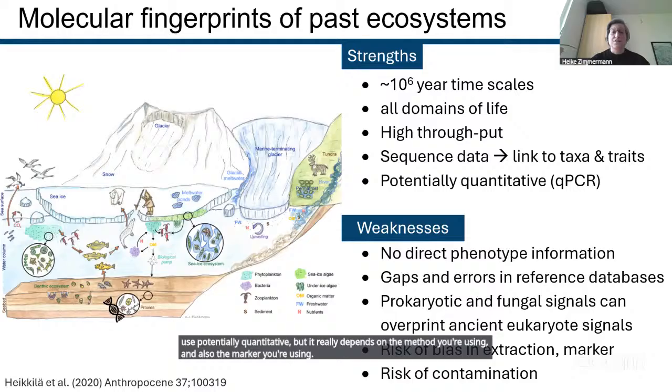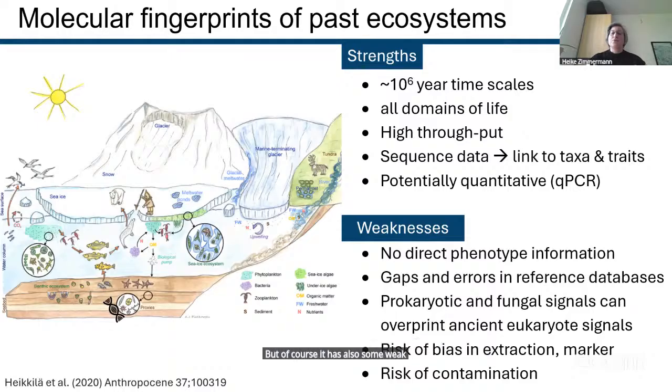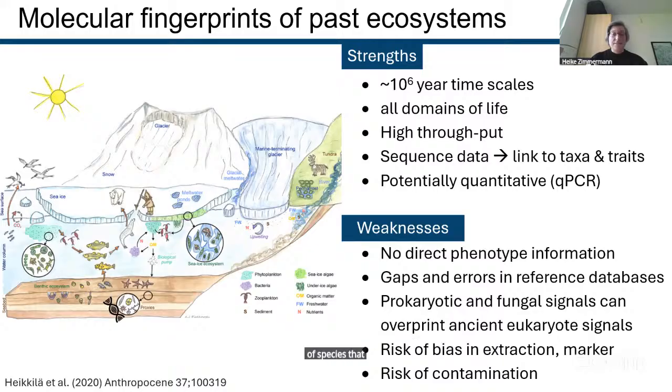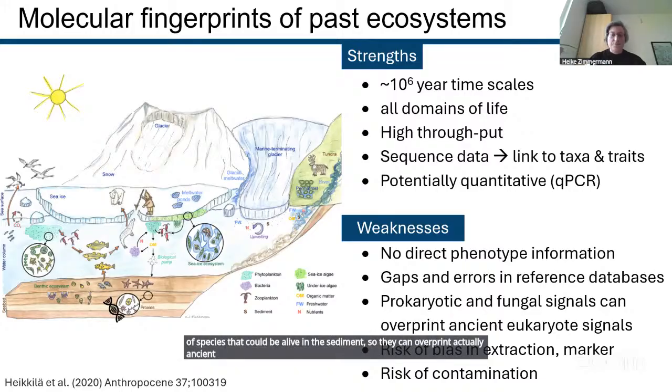But of course, it also has some weaknesses. For example, we cannot get direct phenotype information. We have gaps and errors in reference databases. We also have prokaryotic and fungal signals of species that could be alive in the sediment, so they can overprint actual ancient eukaryote signals.